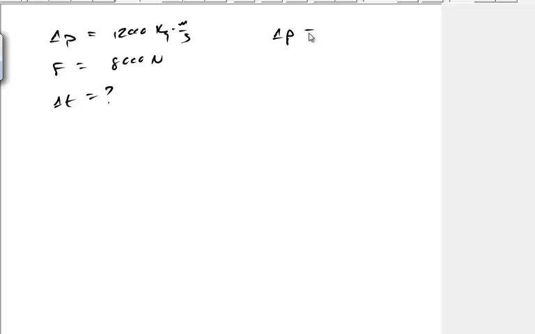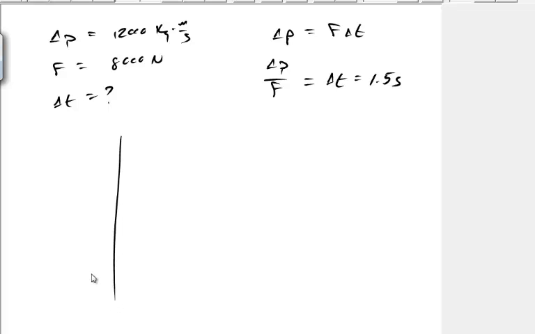Delta P is F delta T. Delta P over F is delta T. 12,000 over 8,000 is 1.5 seconds. So on my graph, I've got force and time. Let's say we start this event at 1, which means it stops at 2.5.